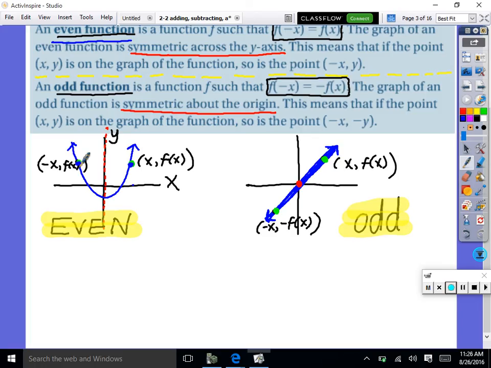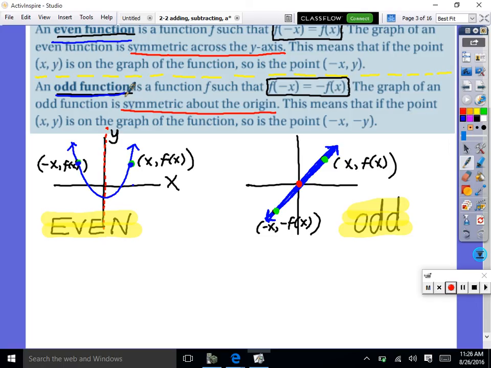Odd function. An odd function is a function f such that if we plug in negative x, it will equal negative f of x. I'll explain that part in a minute. The graph of an odd function is symmetric about the origin. What that really means is if we reflect it across y first, and then reflect it across x, then it's symmetric.